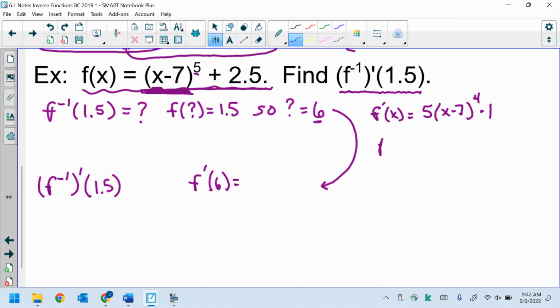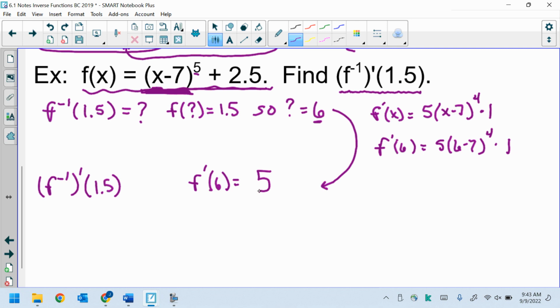So f prime of 6 is 5 times 6 minus 7 to the 4th times 1. You agree with that?